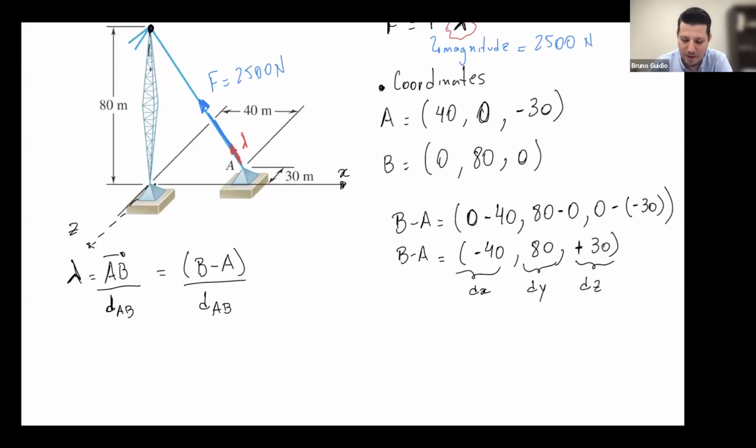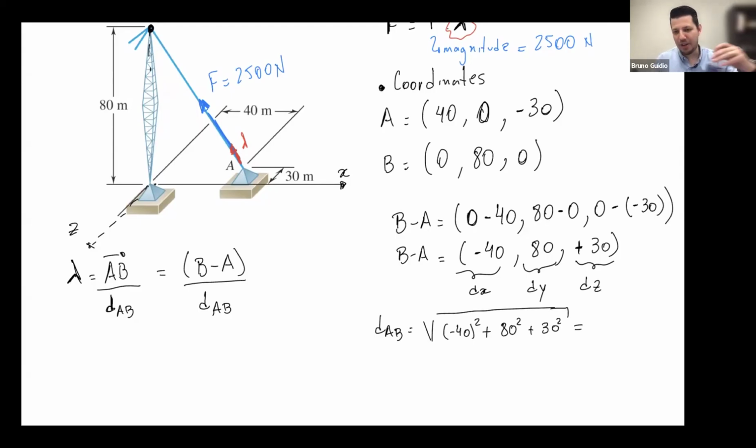Let's take the opportunity and do the dAB, meaning the magnitude: square root of minus 40 squared plus 80 squared plus 30 squared.